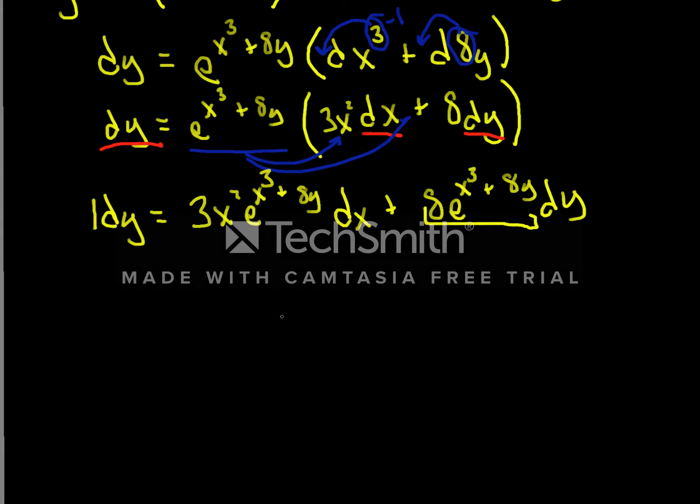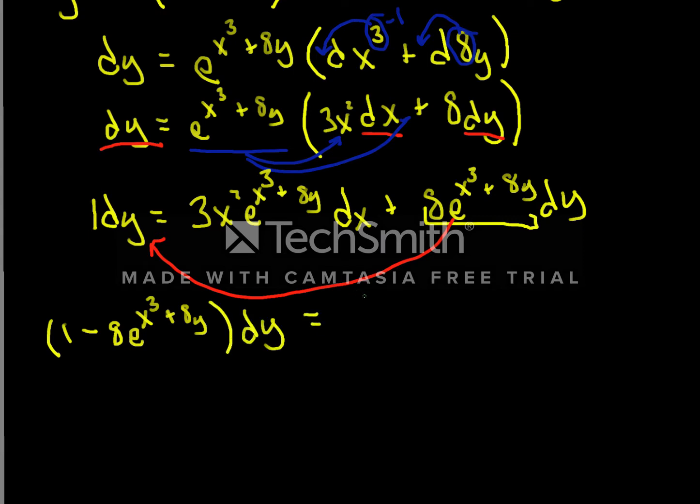So subtracting this from both sides and bringing it over, the left-hand side will become 1 minus 8 e to the x cubed plus 8y, all times dy, and it equals 3x squared e to the x cubed plus 8y, all times dx.